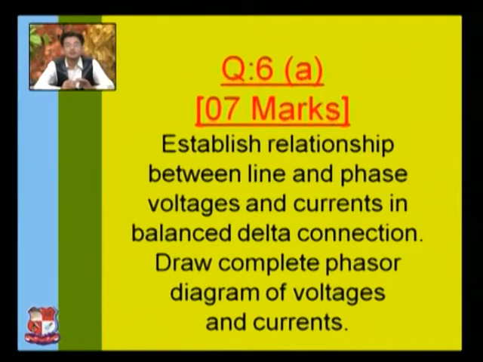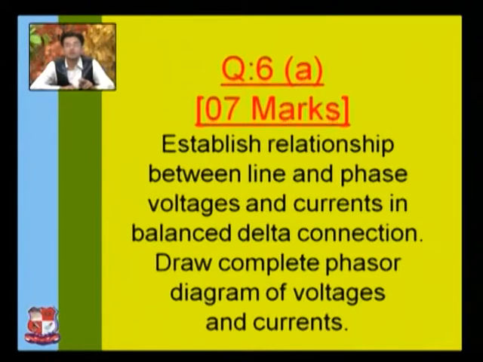Balanced delta connection means all the voltages and loads connected in a delta fashion remain the same, and there is no frequent change in the system. Unbalanced means one load is switched on and at the same time another load is not switched on, or is not working, or not in use, right? And you have to draw the complete phasor diagram of voltage and current.